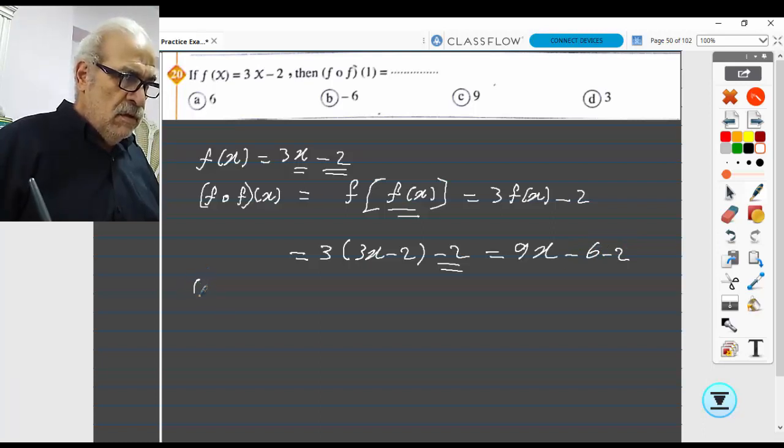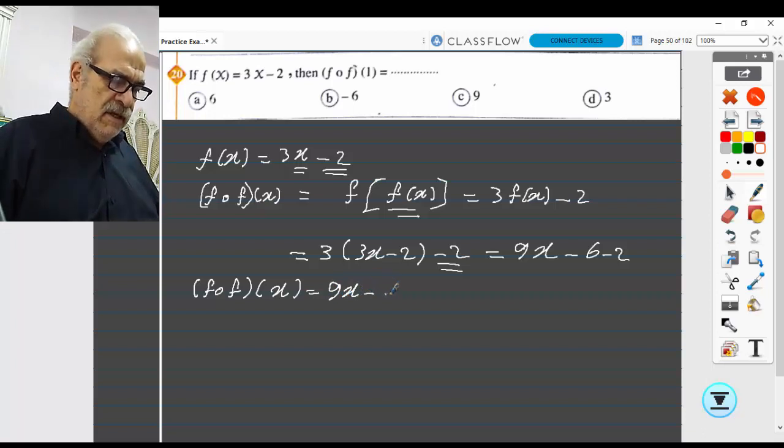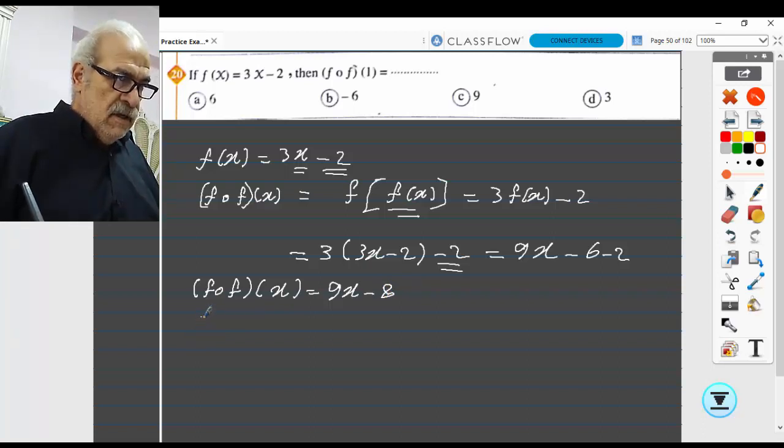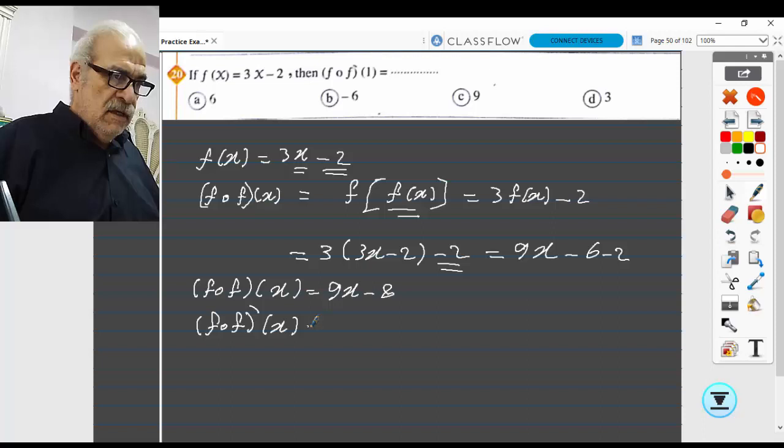So f circle f of x equals 9x minus 8, and now we will get the first derivative. Again, f circle f dash of x equals 9, okay?